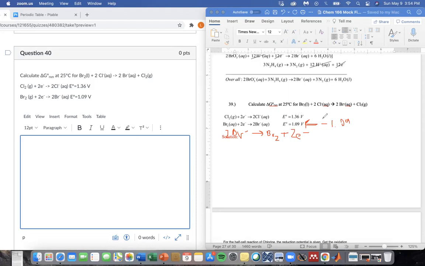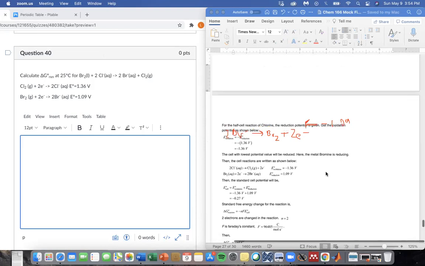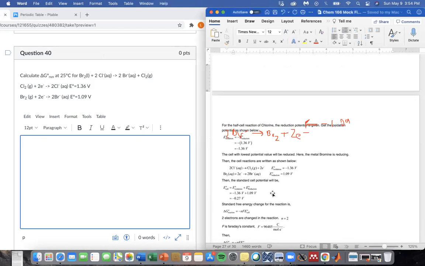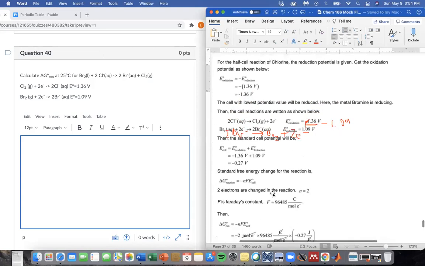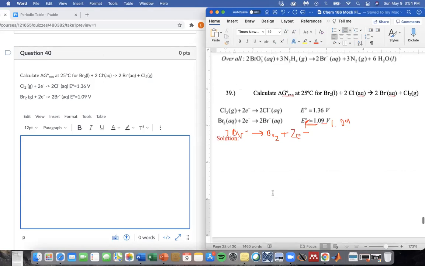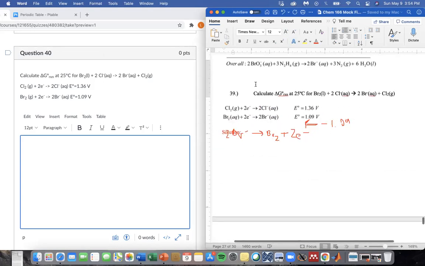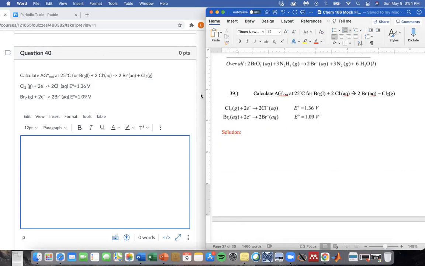So when we figure out E cell, we're going to add these 2 up, E standard reduction and E standard oxidation. Oh, okay, sorry, I made a mistake here.